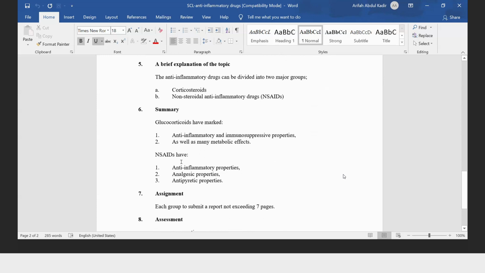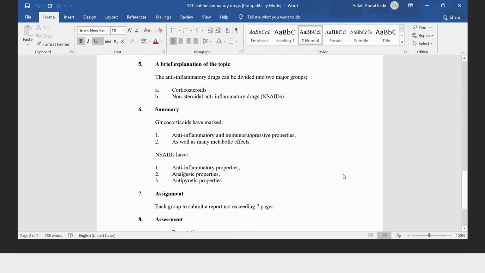NSAIDs have three main properties: anti-inflammatory, analgesic, and antipyretic. Reports do say they have anti-cancer properties and so on, but those are in research and are all minor properties. So the three main properties that NSAIDs have are these.